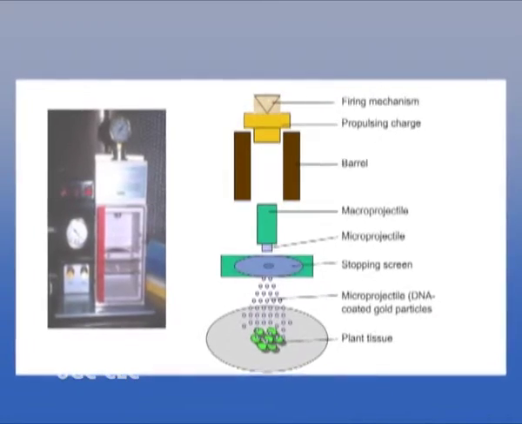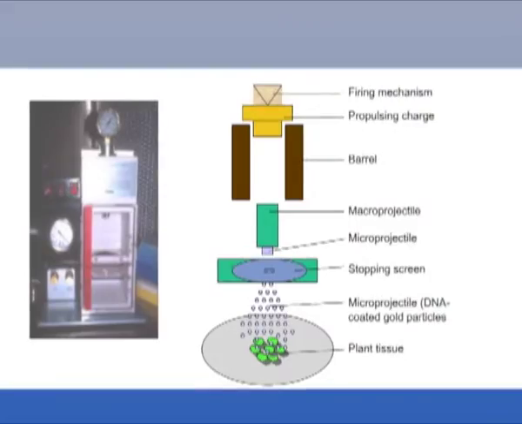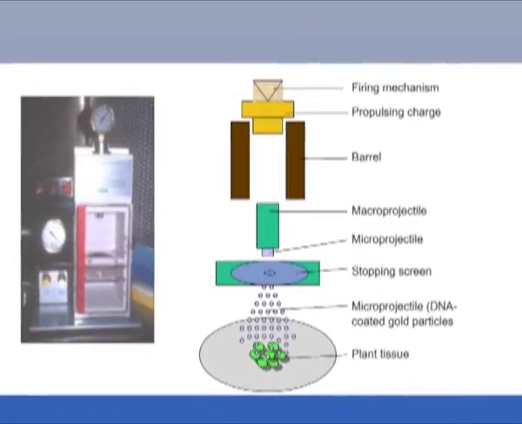Particle bombardment is a versatile and effective transformation method as there is no dependence on bacteria. So, the limitations with organisms such as Agrobacterium tumefaciens do not apply. There are no intrinsic vector requirement, so transgenes of any size and arrangement can be introduced.